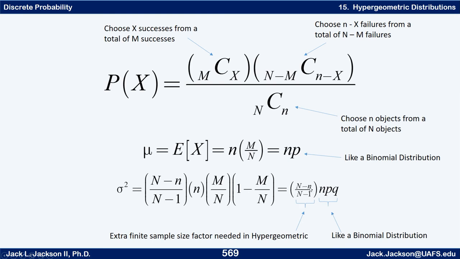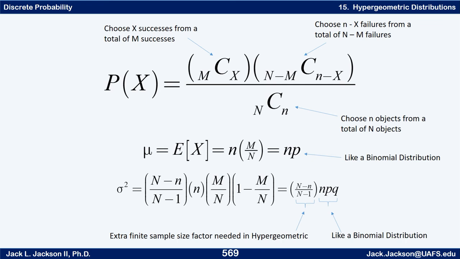It's capital N minus lowercase n divided by capital N minus 1. So in other words, population size minus sample size over 1 less than the population size.